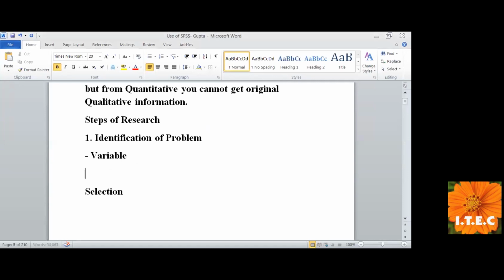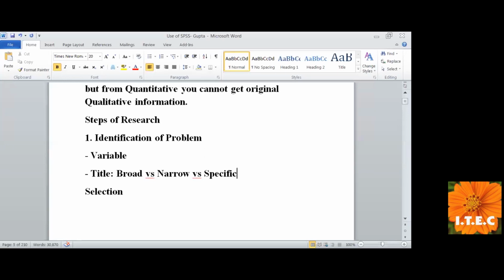Now, once you have selected the variable, then you should be able to write the title. You know, there is a title of the book, there is a title of the research paper, and there is a title of the research. All these 3 titles, they differ among themselves. So I want to ask you that should the title of the research be broad versus narrow versus specific?